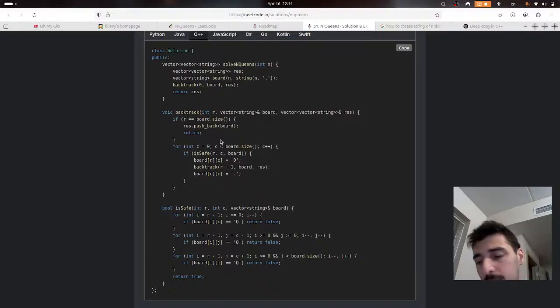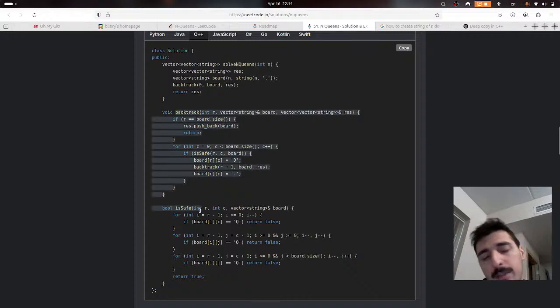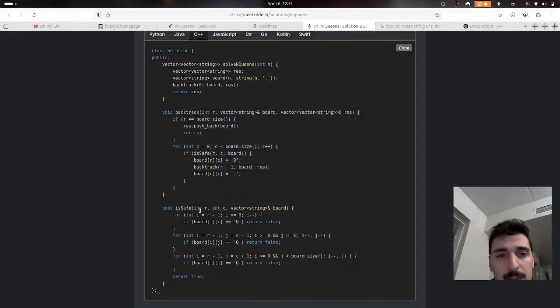All right, I'm too tired, and now this is too spoiled for me. I think we were doing similar stuff. It's just more optimized, nothing special. So we are doing the backtracking. We have a board.